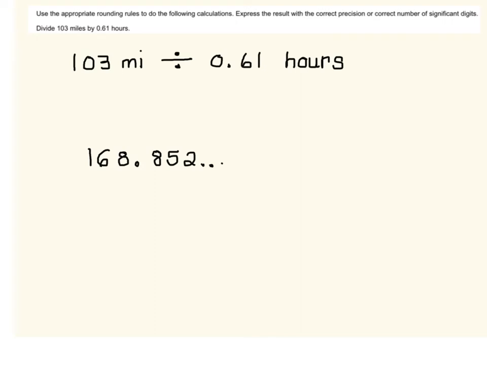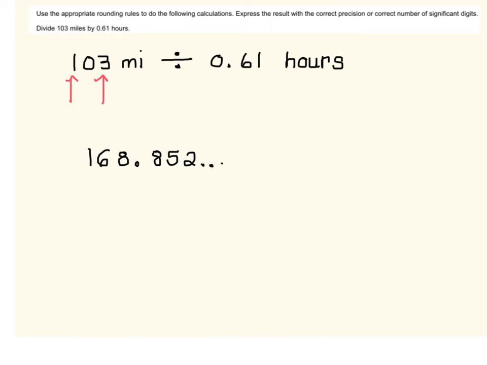Now, when you're rounding a result, you round it based on what you started with. If we look at the numbers we started with in our division, our first number, 103, had 2 significant digits, a 1 and a 3.